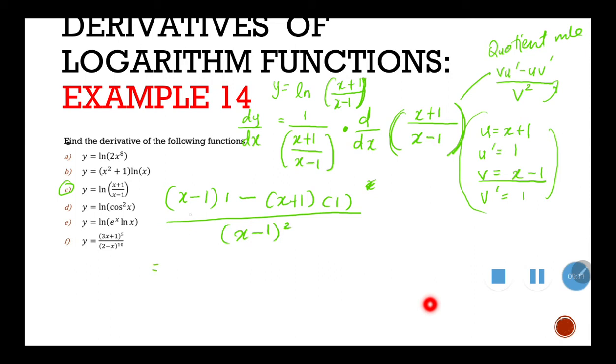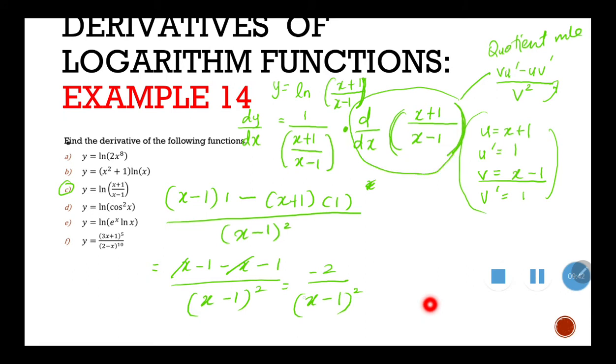Okay, we do it one by one. x minus 1 minus x minus 1. So x can be cancelled together. Final answer you will get minus 2 over x minus 1 square. Okay, not final answer. Final answer for this part here.